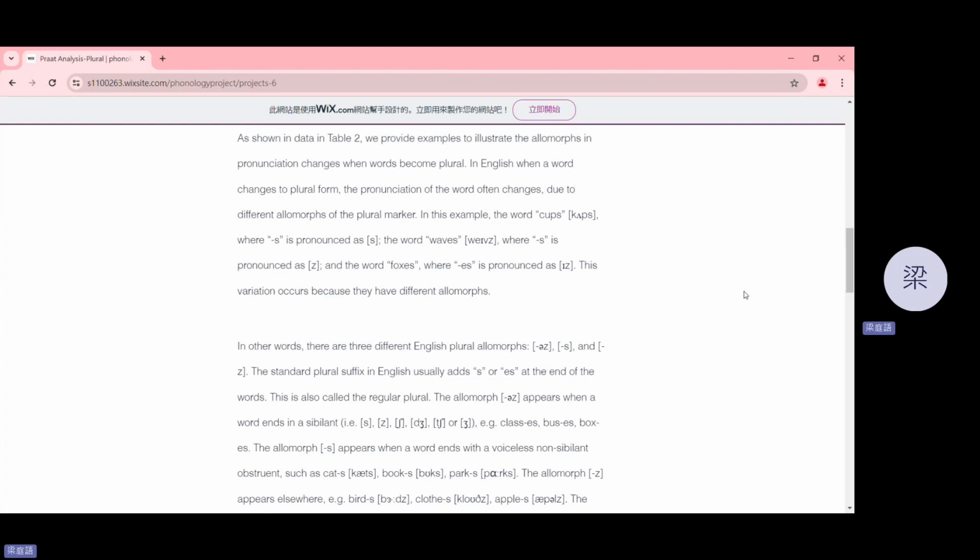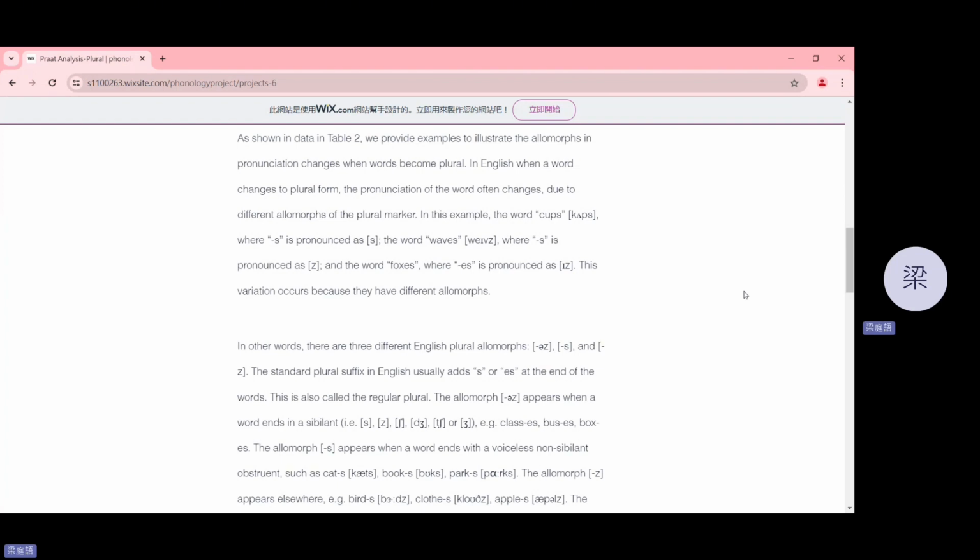In English, when a word changes to plural form, the pronunciation often changes due to different allomorphs of the plural marker. In this example, the word cups, where s is pronounced as [s], the word webs, where s is pronounced as [z], and the word foxes, where es is pronounced as [ɪz].